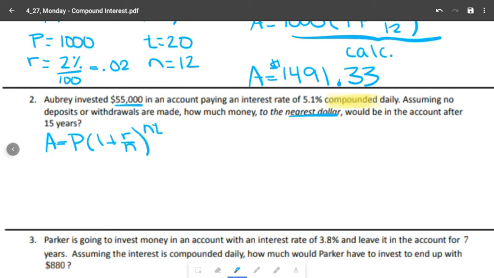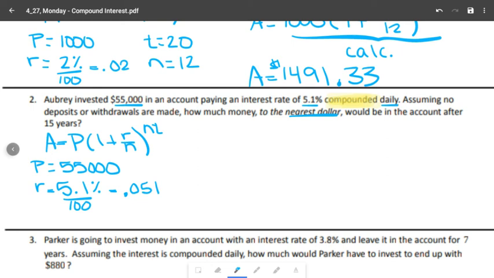We are investing $55,000, so that is our P. We have an interest rate of 5.1%. Again, divide by 100, so we're going to be using for R 0.051.